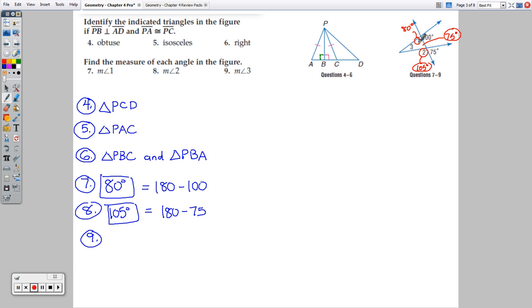Why don't I get a little fancy with it and use the exterior angles theorem? So I would say the measure of angle 3 plus the measure of angle 1 would have to equal the measure of angle 2. And I already know what 1 and 2 are. So that's 80. This one was 105. And the measure of angle 3 would be that. If I subtract 80 from both sides, the measure of angle 3 would clearly have to be 25 degrees.